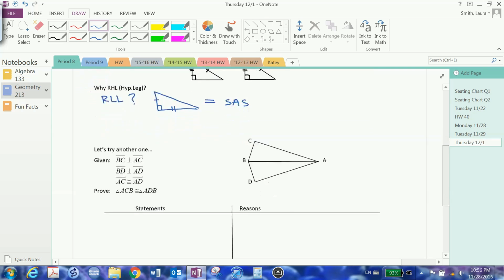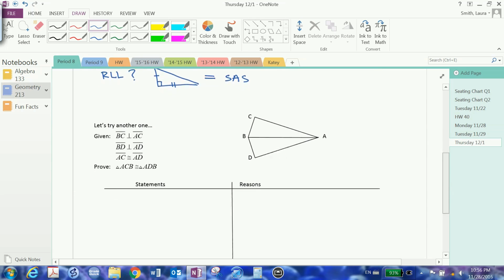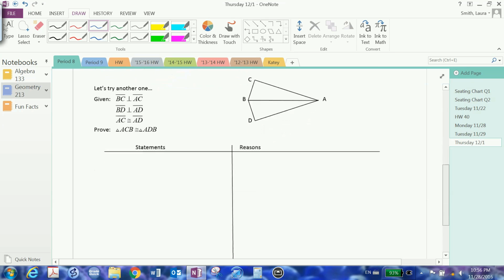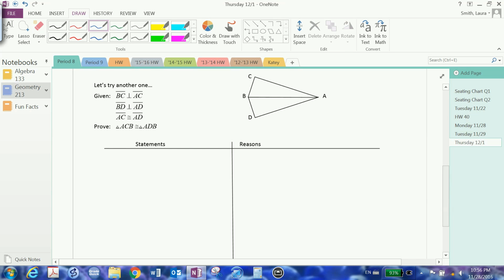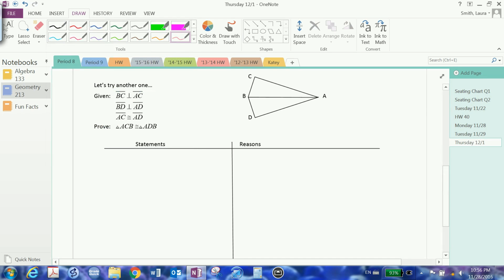Okay, so here's how it works. All right, we're given that BC is perpendicular to AC and BD is perpendicular to AD, given.